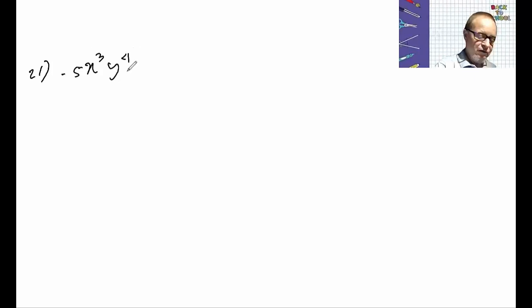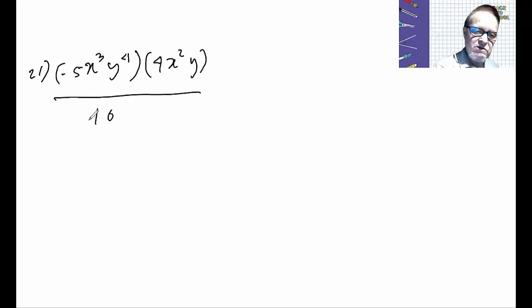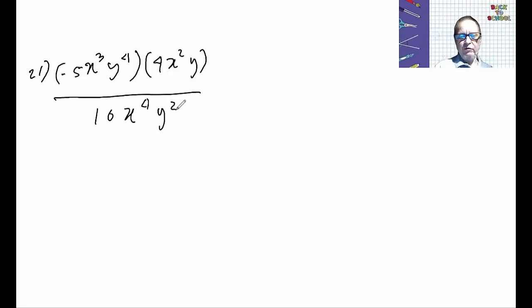I have 3 sets of monomials, negative 5x cubed, y to the 4th, and that's multiplied by 4x squared, y, and then we divide that by one more monomial, 10x to the 4th, y squared.